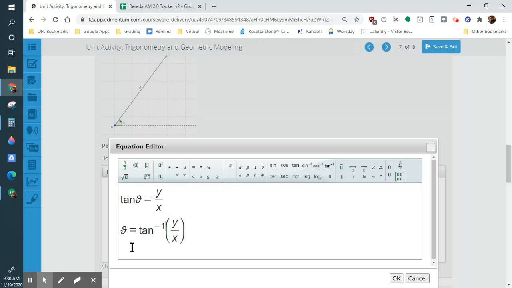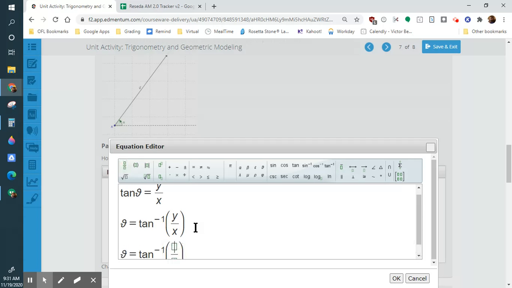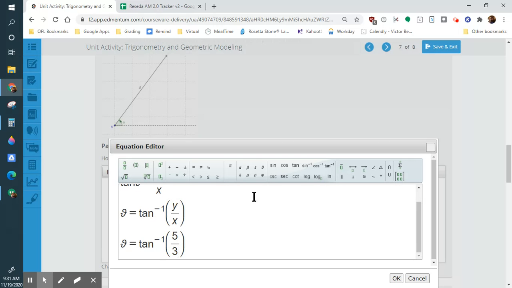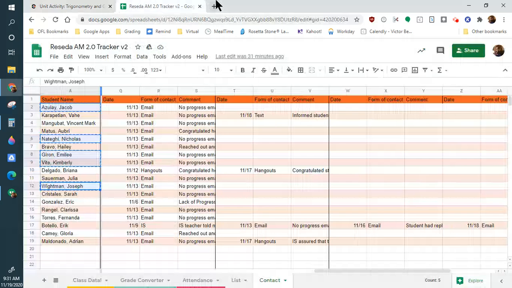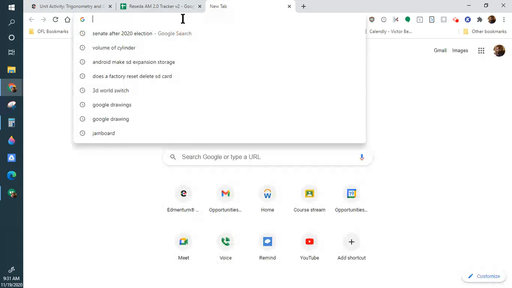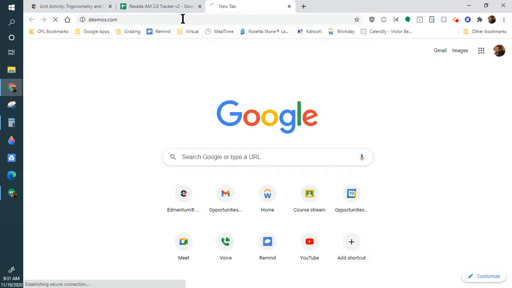Now I can plug my values in. So theta equals tangent inverse of 5 over 3, because my vector was 3 comma 5, meaning my y was 5. And you guys can plug that in. What I recommend doing is going on Desmos.